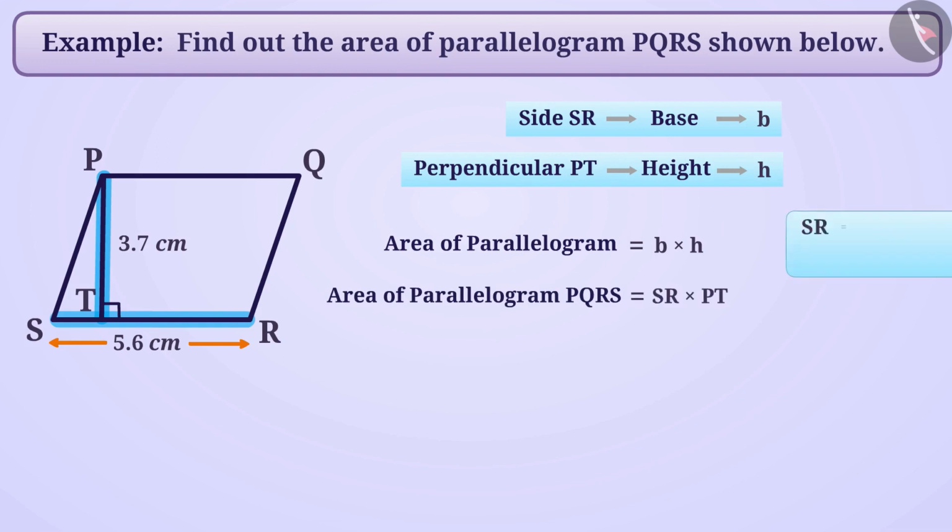Since SR is equal to 5.6 cm and PT is equal to 3.7 cm, therefore, the area of parallelogram PQRS is equal to 5.6 cm multiplied by 3.7 cm is equal to 20.72 square centimeter. Next example.